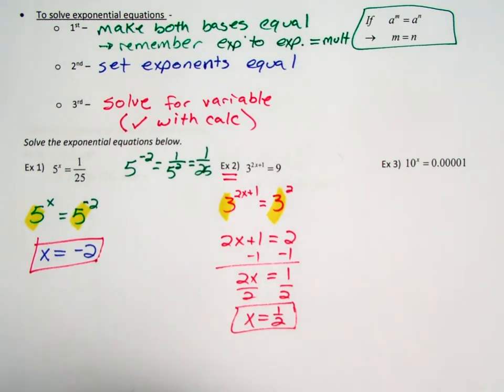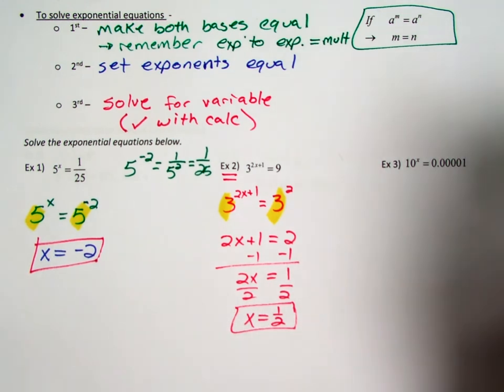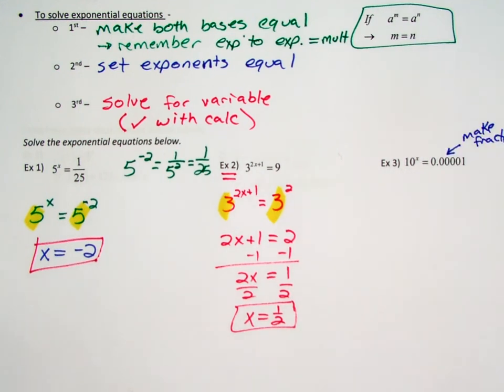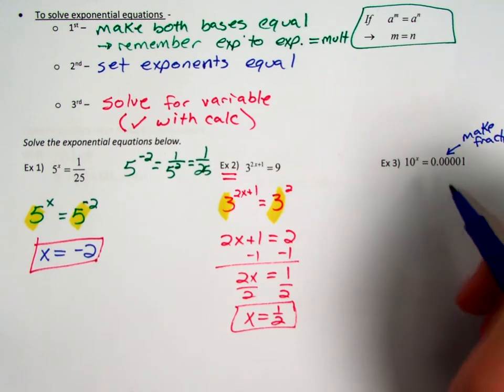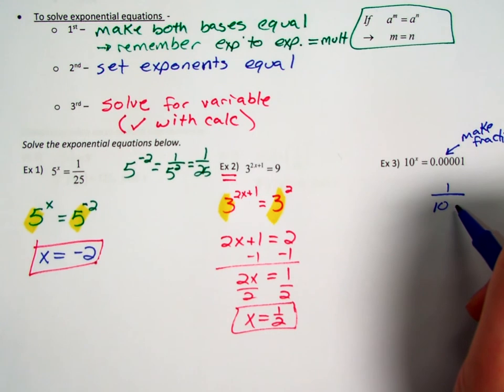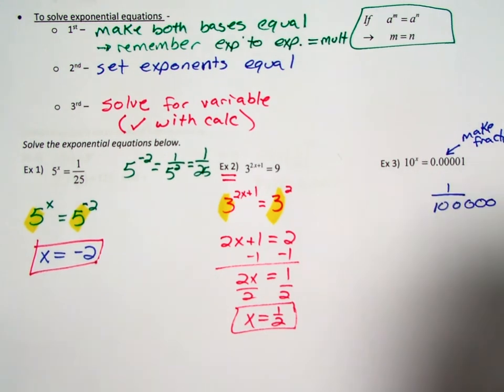All right, number 3. My issue with number 3 is the fact that this is a decimal, and I don't know how to deal with that. So if I were you, I would make this a fraction first. Okay, so you can use your calculator, math, fraction, type it in, and it would be 1 over 1, 2, 3, 4, 5.